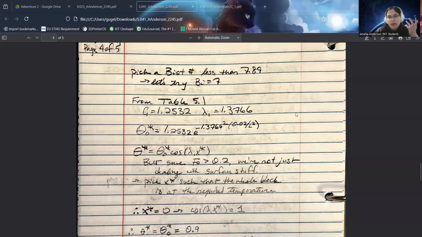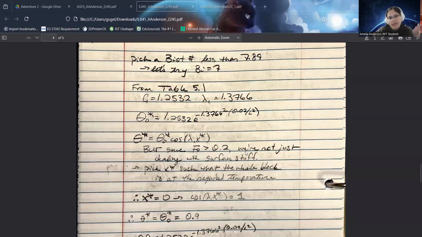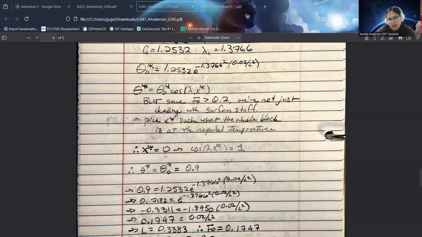So we would like to pick an x star such that the whole block is at least at the minimum temperature. And that actually ends up being 0, because what's x star at 0? That's the center line. So if the center is at least at that temperature, we're good. That's FDA recommended. So that means cosine of 0 is 1. We're good on that end. Cancel out the cosine.